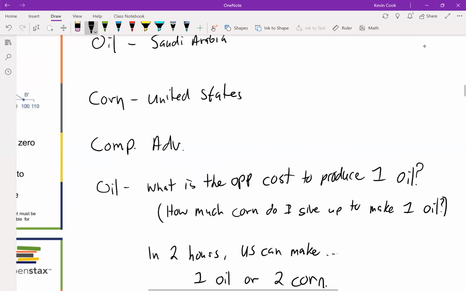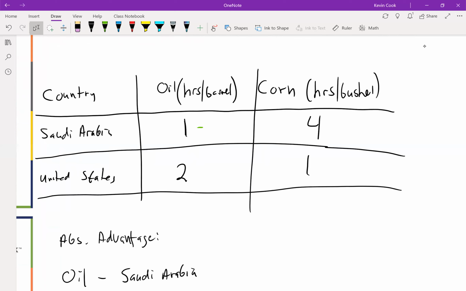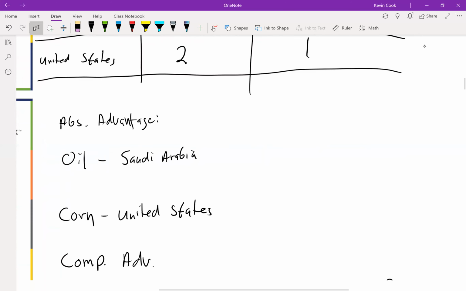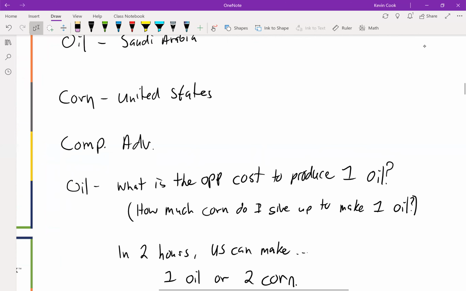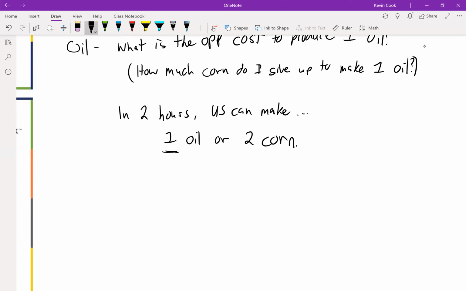Since corn takes an hour, in 2 hours I can make 2 bushels of corn. So the opportunity cost, and we already have that as 1 oil. For the US, the opportunity cost of oil is 2 corn. That is, we have to give up 2 corn to get 1 oil.